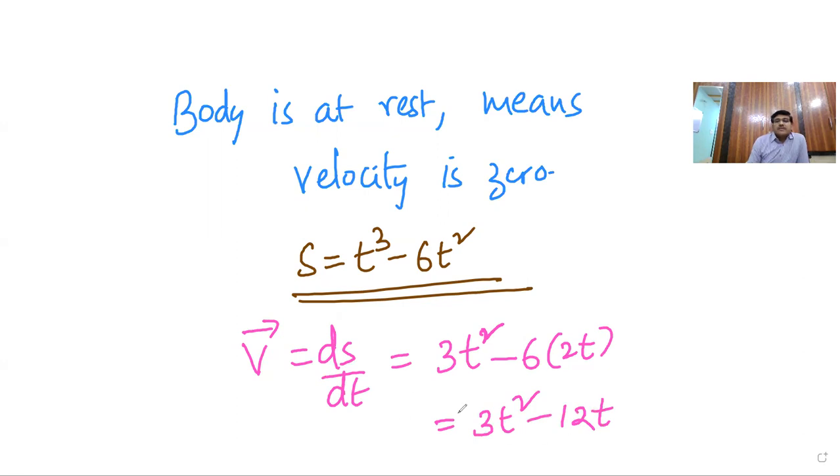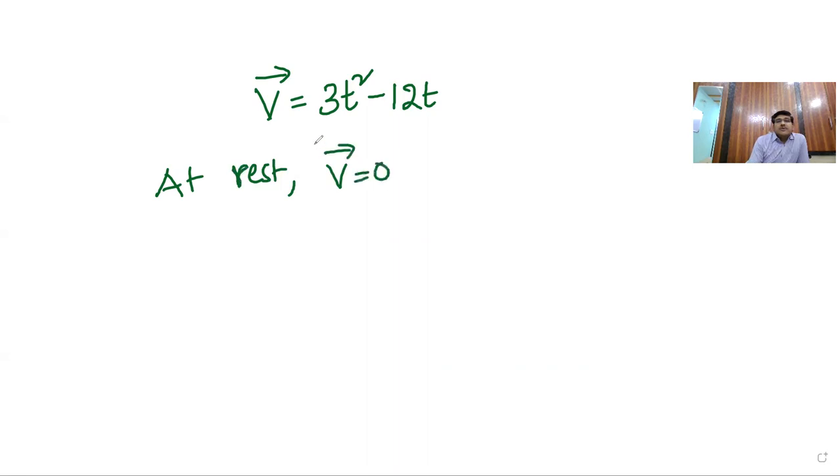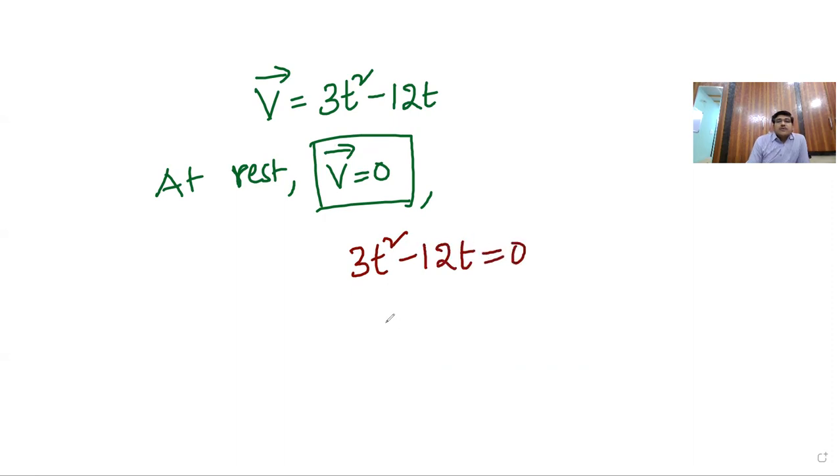This is the velocity. Observe, velocity v is 3t square minus 12t. At rest means v is 0. Substitute, so 3t square minus 12t is equal to 0.